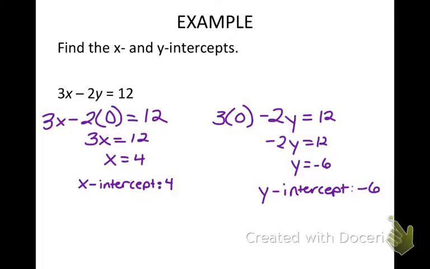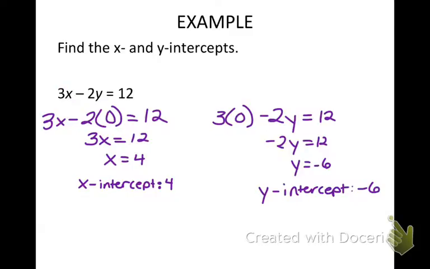Sometimes you'll hear people talk about, this is how I personally do it, they call it the cover-up method. To solve for your y-intercept, you literally cover up your x. So sometimes you'll see me just put my hand over it. I know you can see it with the projector shining through my hand, but y would then be what?